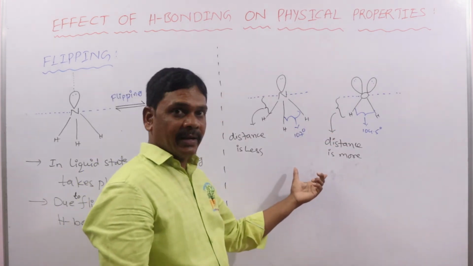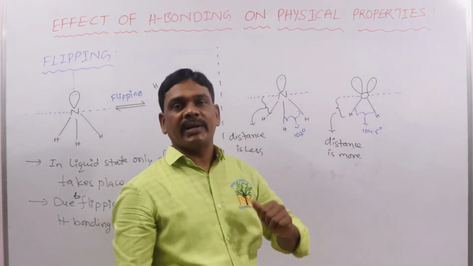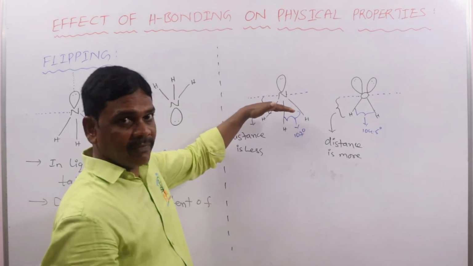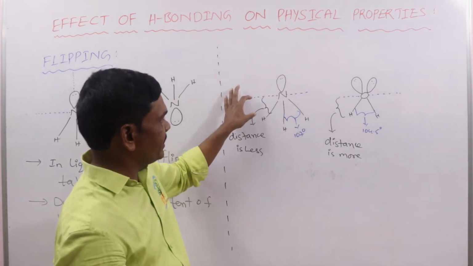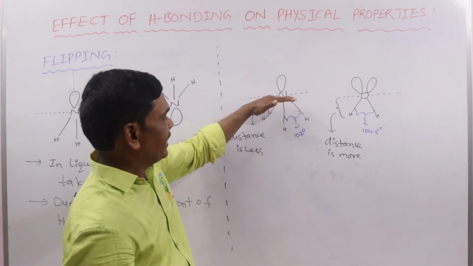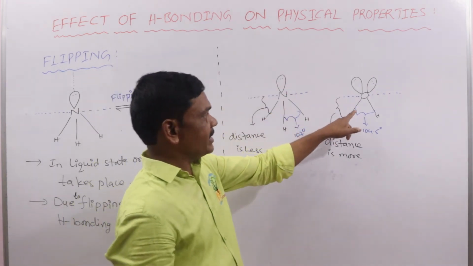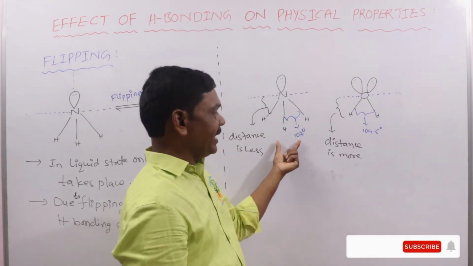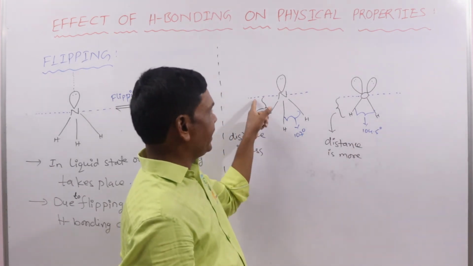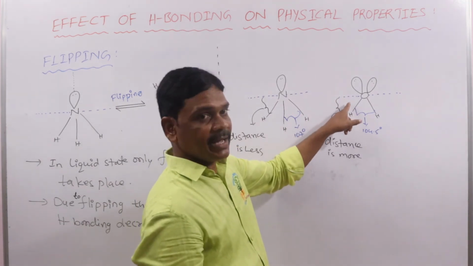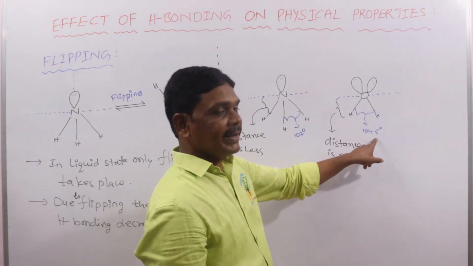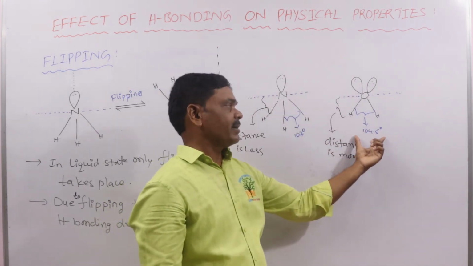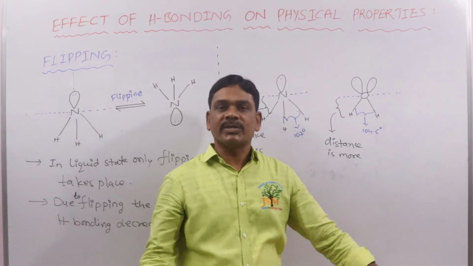Flipping requires more energy. In ammonia, flipping easily takes place because the distance is very less. But in the water molecule, the bond angle is less compared to ammonia, where it is somewhat more, and the distance is more. Due to this, in the water molecule, flipping is not possible.